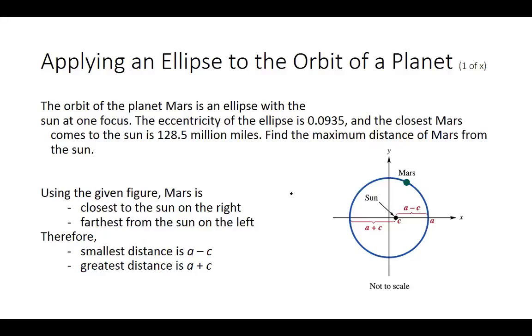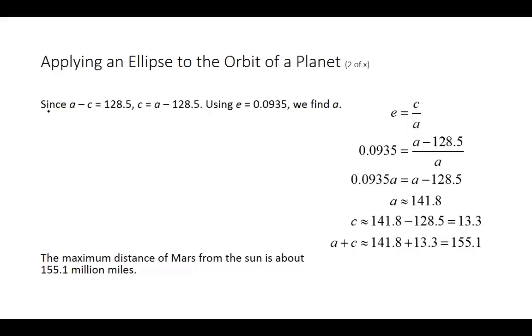Using the given figure, Mars is closest to the sun on the right, furthest from the sun on the left. So the smallest distance is a minus c. The greatest distance would be a plus c. Since a minus c is given to me as 128.5, c would be equal to a minus 128.5, and e is given to me, then we can use the formula e is equal to c over a. The only unknown here is a. You can solve for a.